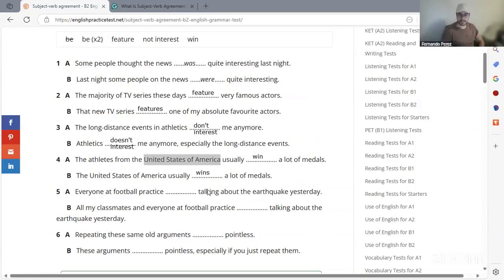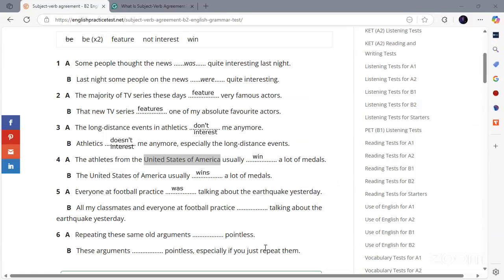Talks with S? No, I said was talking. Sorry, was talking about the earthquake. Yes, you're right. Good job, because everyone is singular. Exactly, an indefinite pronoun.